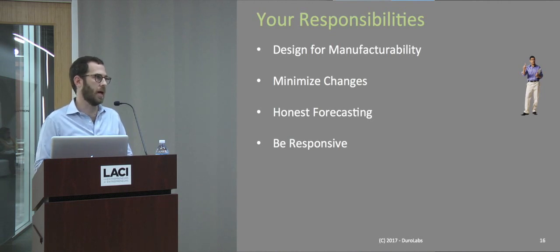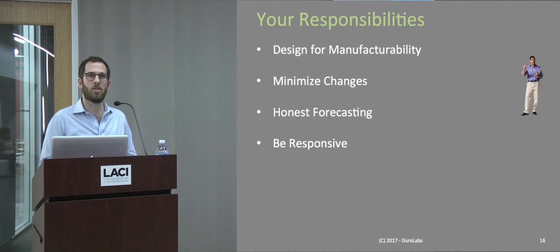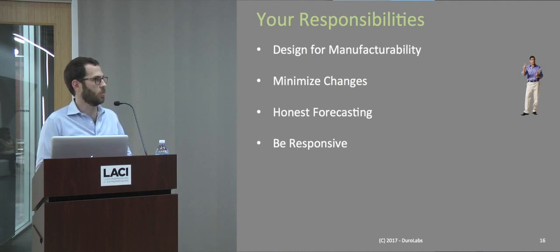They don't want to get stuck with building a very complex product. They want to make sure that it's designed properly, setting them up for success. So these are some things that I encourage you to look into when you're designing your product early on, what's called DFM principles. And the other thing, as I mentioned before, is minimize the changes. Contract manufacturers hate change. They can't do their job if you constantly change the product.